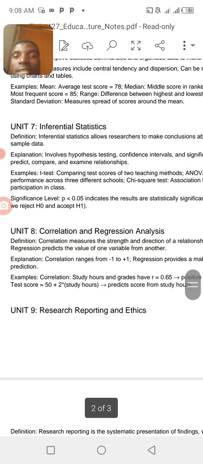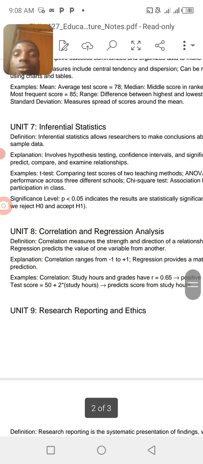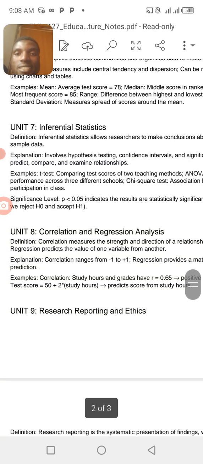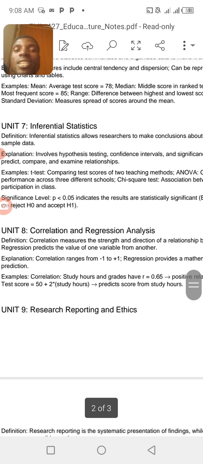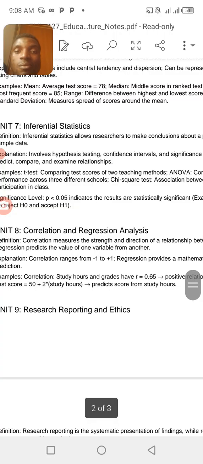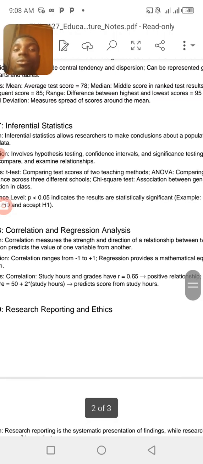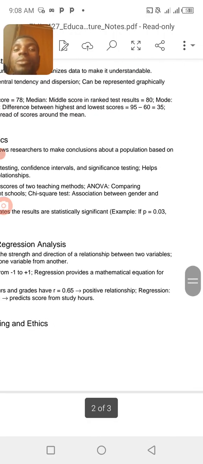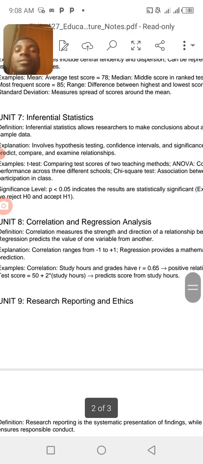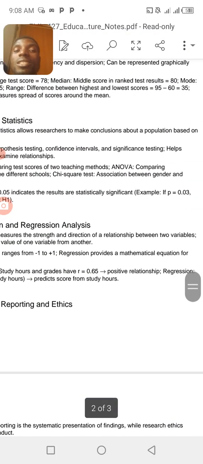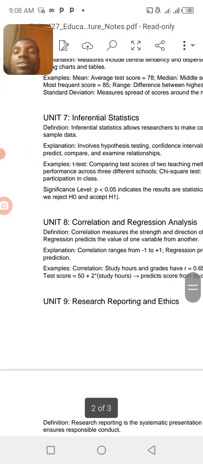Okay, in Unit 7, we're going to talk about inferential statistics. Now, inferential statistics allows researchers to make conclusions about a population based on sample data.